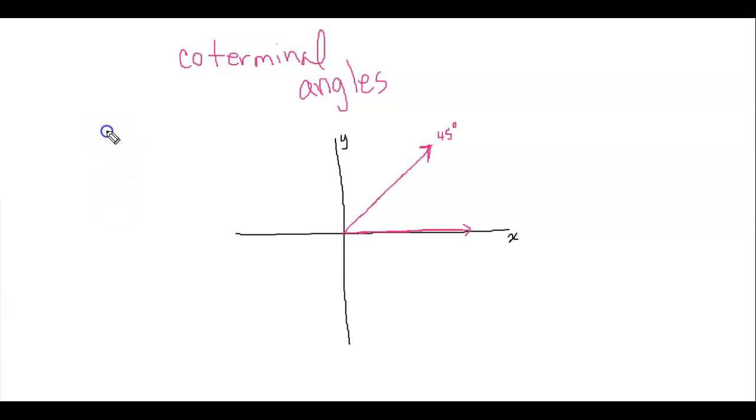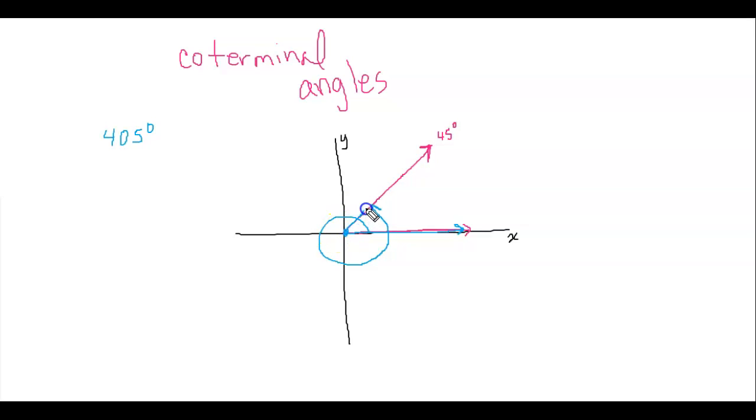So let's think about that for a second. 405 degrees. Well, if I've got my initial side here, that's more than 360. So I'm definitely going to go all the way around. So that's 360. And then I'm going to go another 45 degrees, because 360 plus 45 would be 405 degrees.